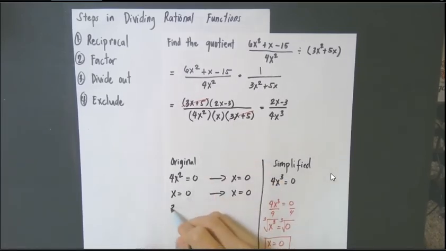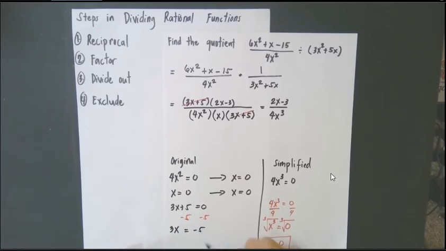Now your 3x plus 5, equate that to 0. Let's do our simple math. The first thing you'll do here is subtract 5 on both sides, and you should end up with 3x is equal to negative 5.